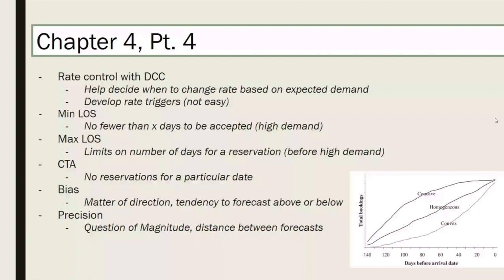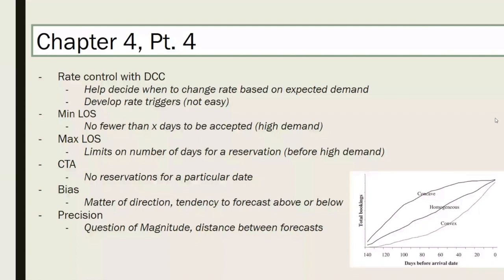And the trigger points, that's one of the drawbacks. The trigger points are difficult to develop, so it's not easy to create them, which is one of the drawbacks. Then you select trigger points and associate them with room rates. So, for example, when you reach a certain amount of occupancy, you would have to change rates.